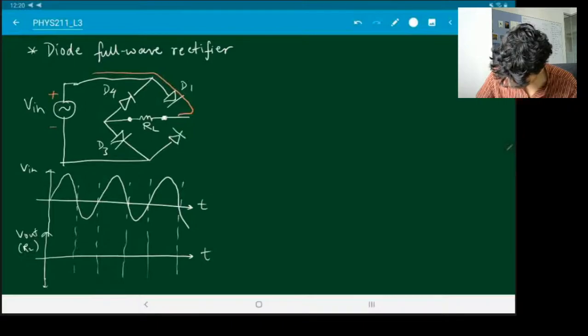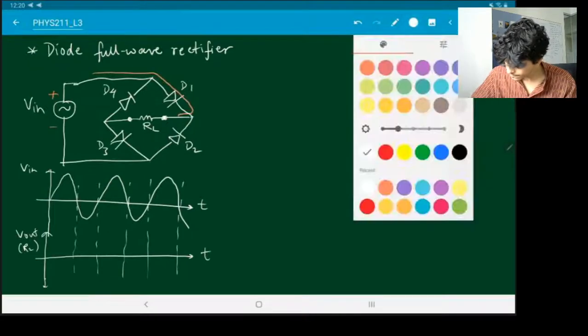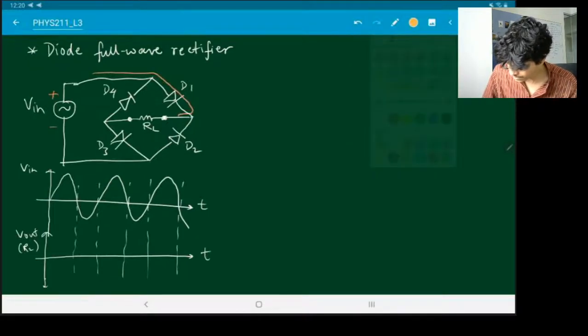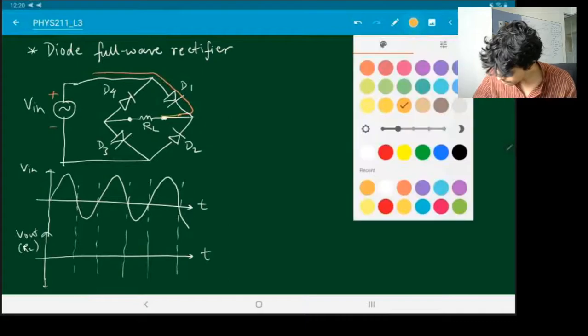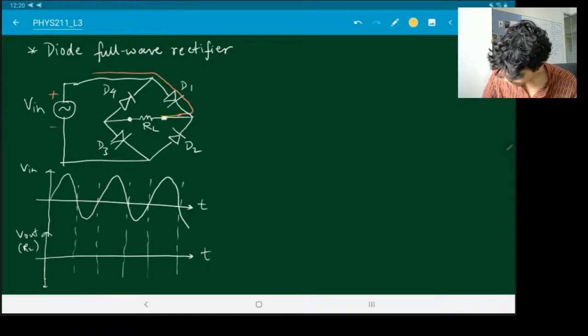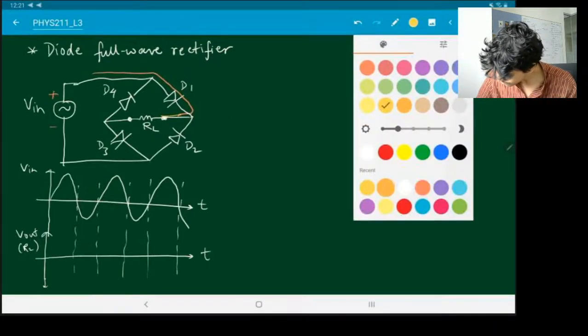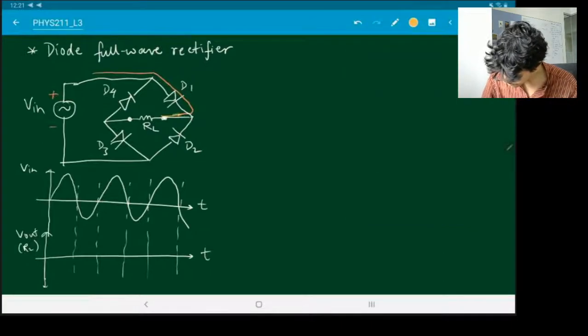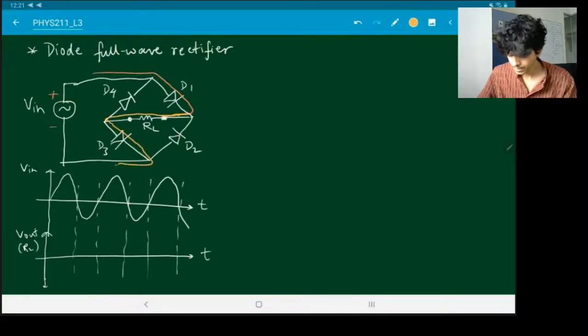D2 should face this way. So this is the direction that the current will flow, and you will get a full output across RL.